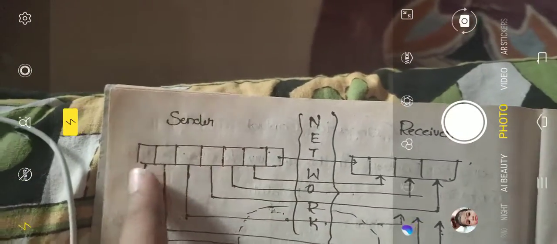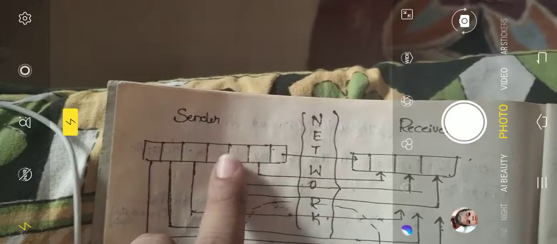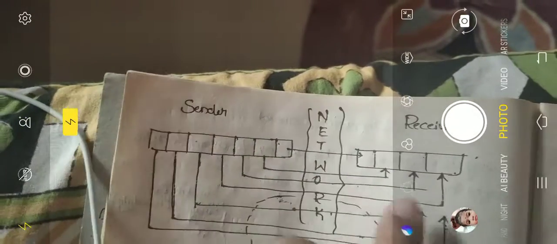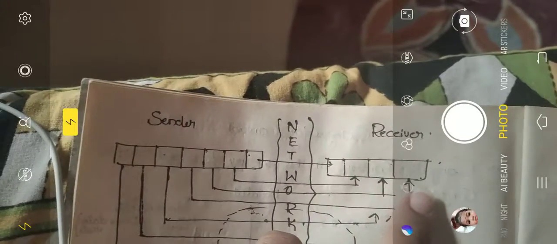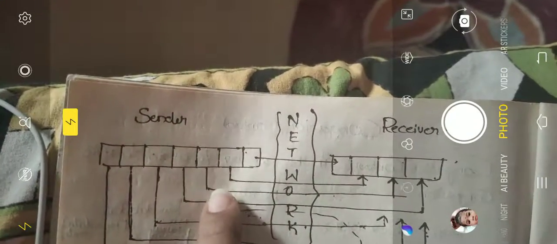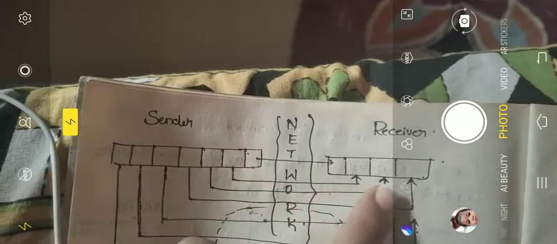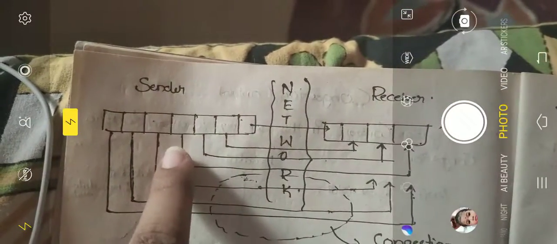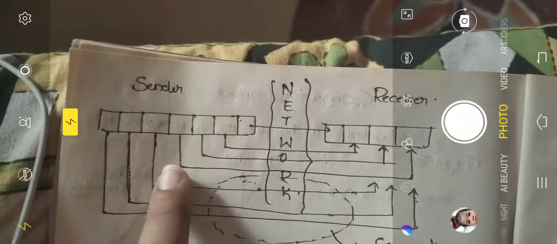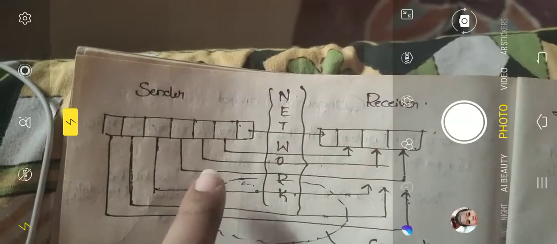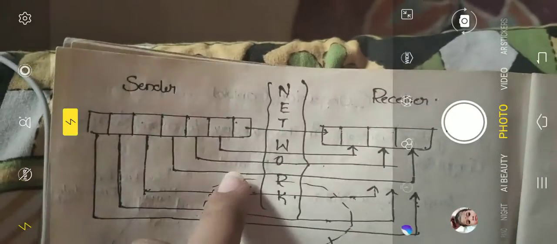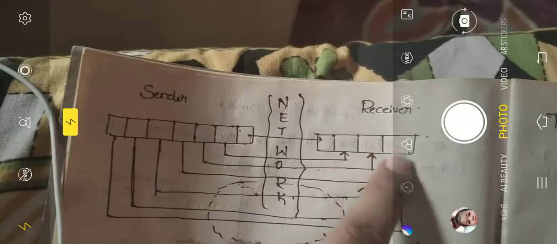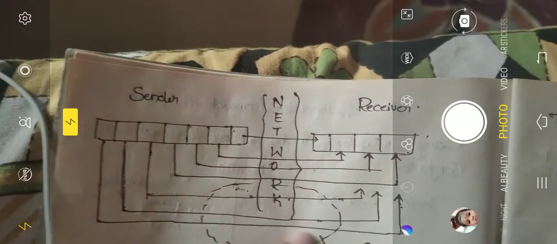This is the sender, having 1 2 3 4 5 6 7 packets. Here the receiver has 4 packets. The sender is sending the information, and 4 packets are received. Other than those 4 packets, the remaining packets have to wait in a queue. See, they are waiting in the queue of the receiver.